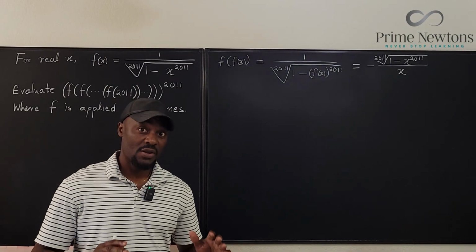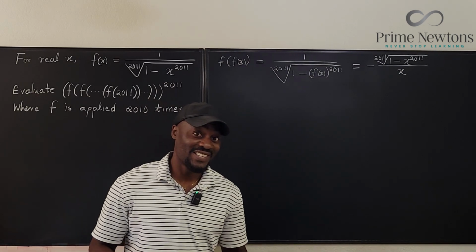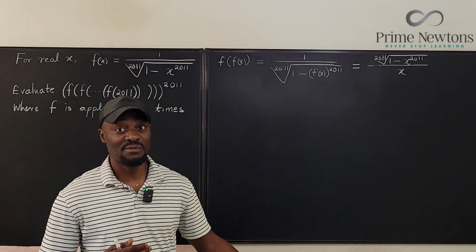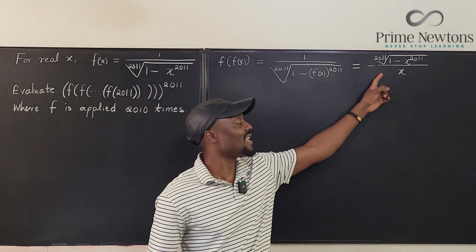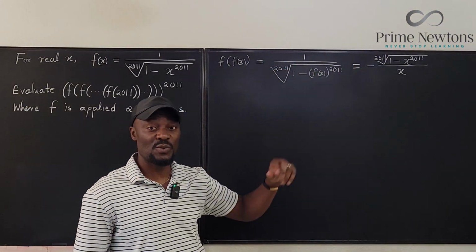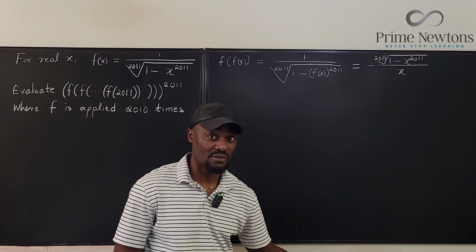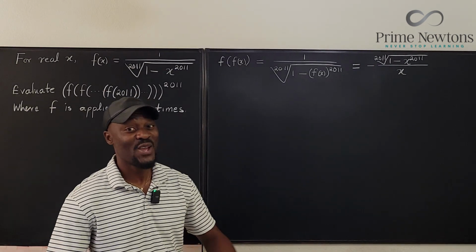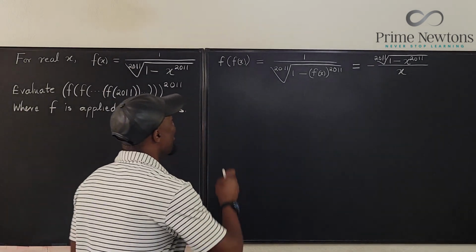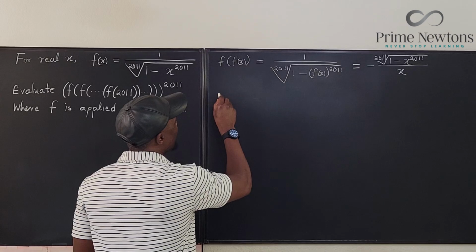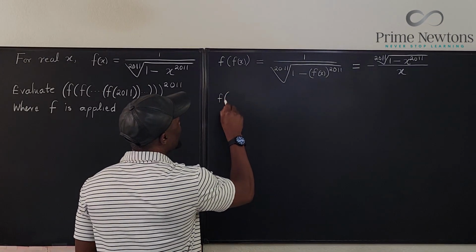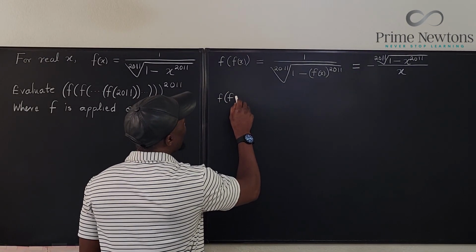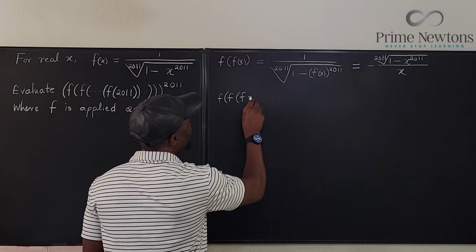Okay, so we survived the first steps in the algebra process, and we got this as f of f of x, which is the second application of f. So we're going to go to the third application now and see what comes out of it. So let's try it. We're going to say f of f of f of x.